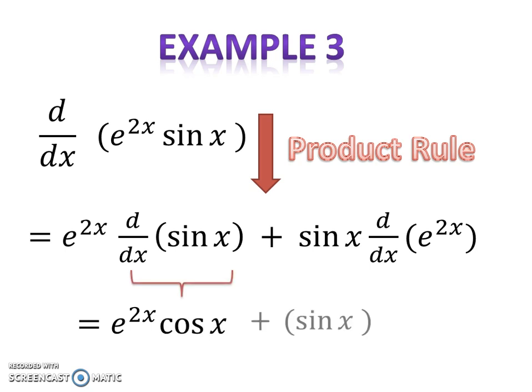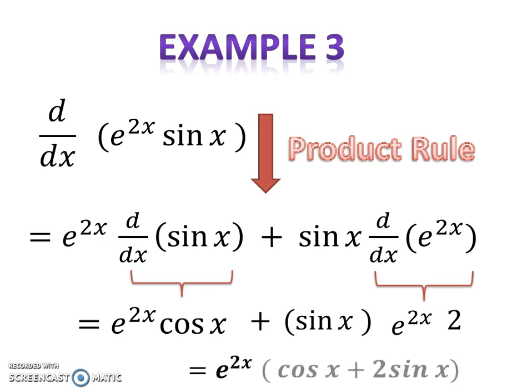And now we want to differentiate the e power 2x. So what are the steps again? You get e power 2x, and then when you differentiate 2x, you must get 2. Okay, so simplify this. You have e power 2x on both sides, and factorize it.